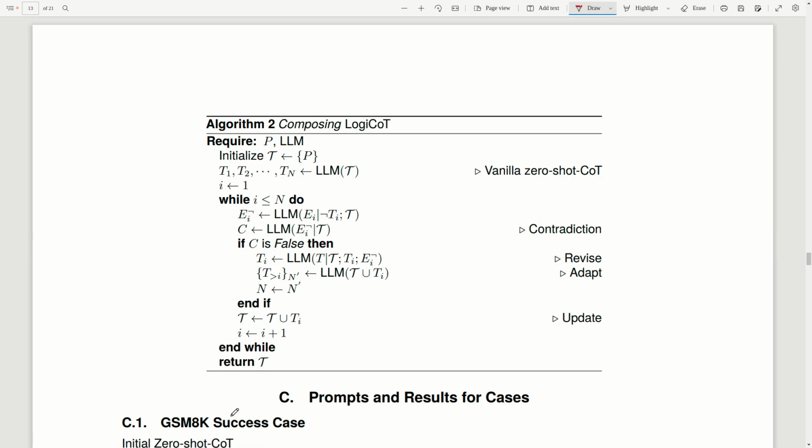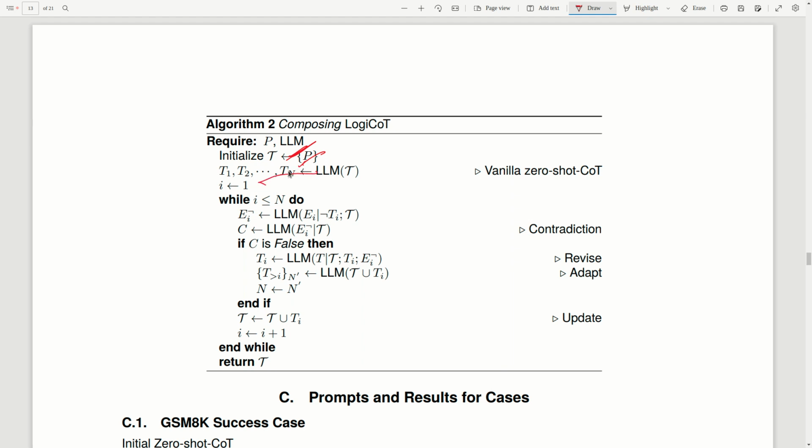Talking about composing logical chain of thought, this is a variant of logical chain of thought. Similarly, it also takes a prompt, which is fed to the large language model, and the reasoning trace is initialized with the premise. The LLM is used to generate multiple thoughts T1 to Tn.